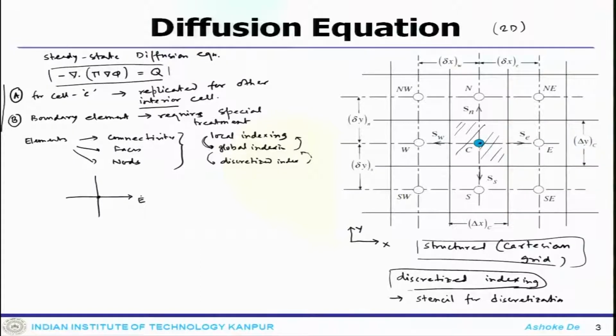If this cell is in local indexing ij, then this one is essentially i plus 1, j, and in discretized indexing, it is the east cell of it. Now, behind that particular cell it is the west.